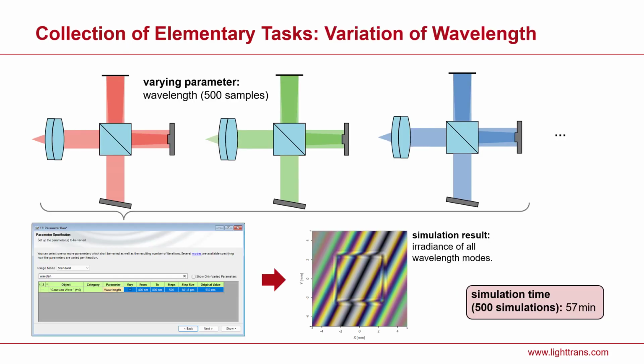Then, if we perform all the 500 simulations for the 500 different wavelengths sequentially, one after the other, on a single machine, this is going to add up in a roughly linear way, which means the total simulation time for all those 500 simulations on a single machine without distributed computing is going to be approximately an hour, 57 minutes, as we see noted there on the slide.